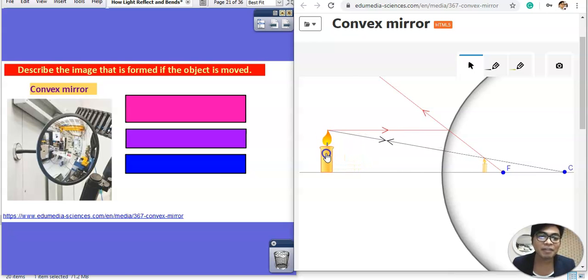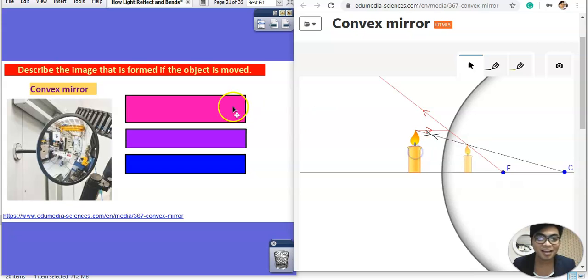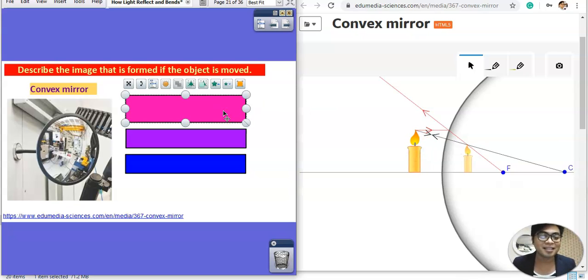So try to see. If I'm going to move the candle away from the mirror, look at what will happen to the image. Does it become bigger or smaller? Does it reduce in size or magnify? Or is it inverted or upright in position? Okay, so please write your answer on your paper, and we're gonna compare it with what I have in here.